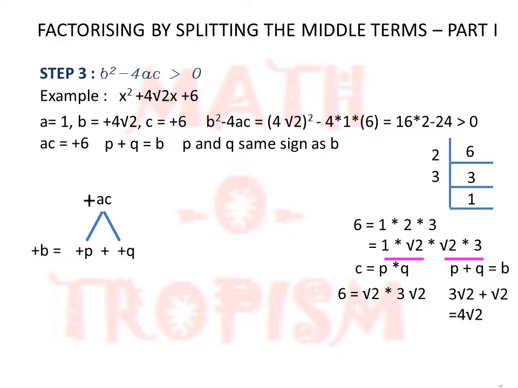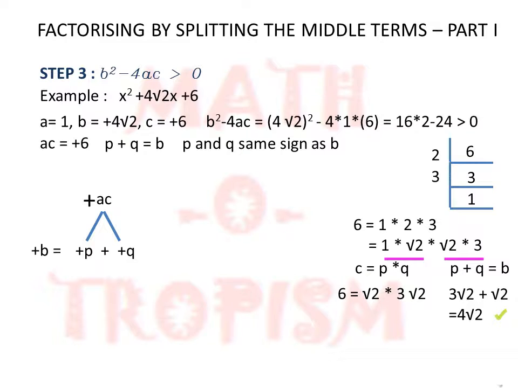If you are getting confused about how to add when you have root terms, assume root 2 is x. So it is like 3x plus x, which is 4x. Similarly 3 root 2 plus root 2 is going to give me 4 root 2, and that is what b is. So this is the correct splitting.